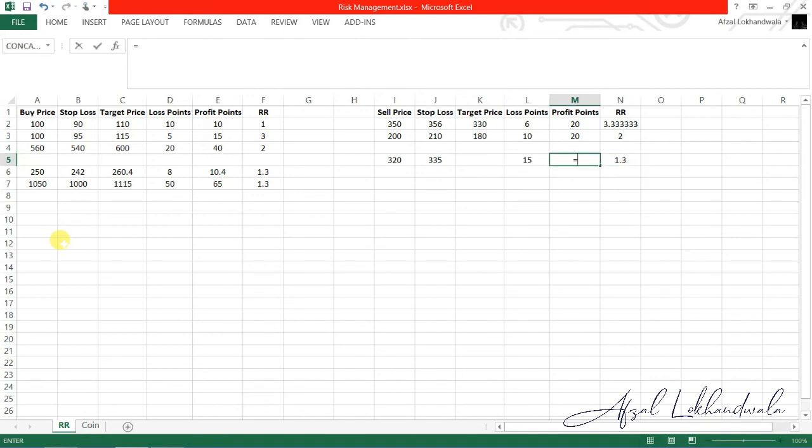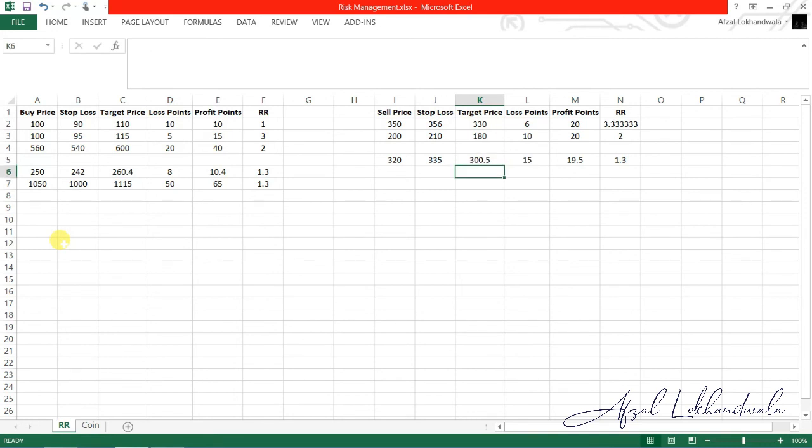Now we can get the profit points, that is 15 multiplied by 1.3, 19.5. So the target will be sell price minus profit points. So the target will be 300.5. So when we short sell a stock at 320 and we have a stop loss at 335, the target should be 300.5 to maintain 1.3 risk reward ratio.